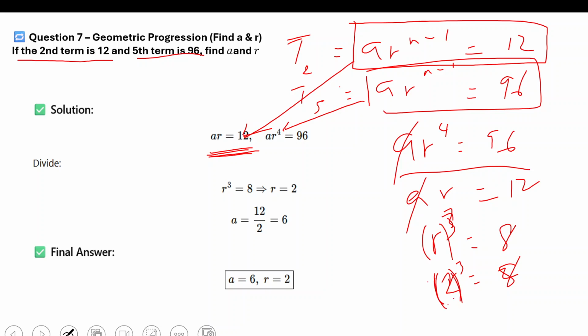If r is 2, we can substitute in any of these equations. Substitute in a r is equal to 12. So a times 2 is equal to 12, and a is equal to 12 over 2.